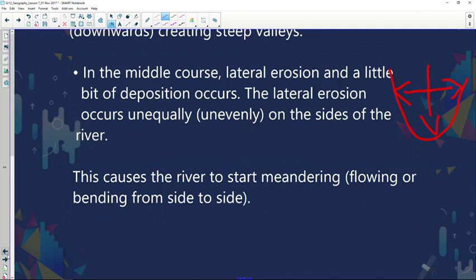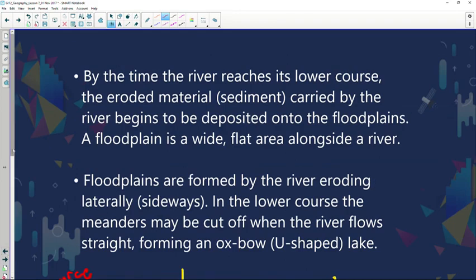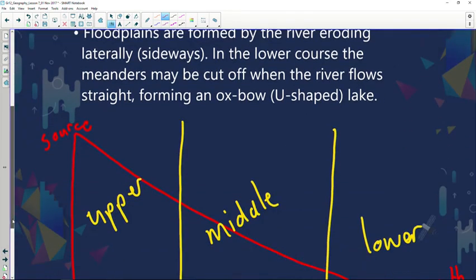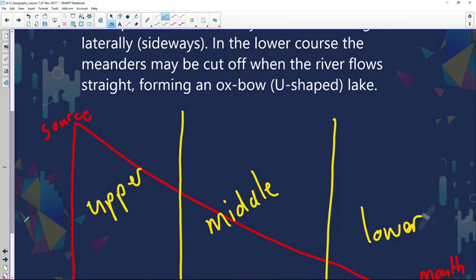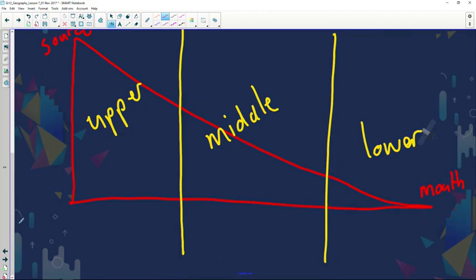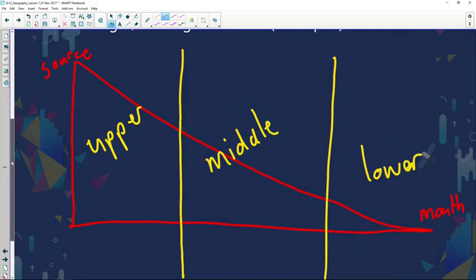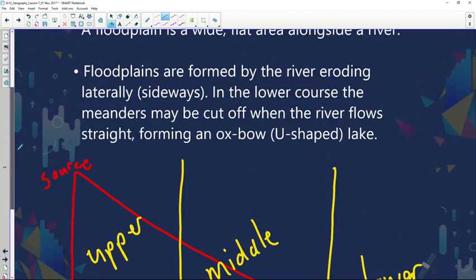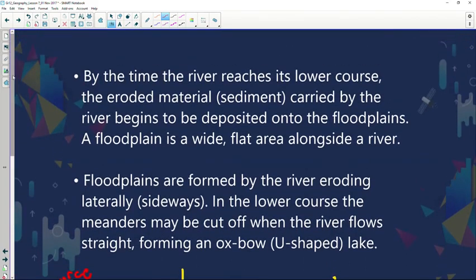Now, the lower course is this area situated over there. Keep in mind, the gradient, as you can see, is not as steep as in the upper and the middle course. The volume of water has increased tremendously because lots of tributaries have joined this river. But because of the flat gradient, all that eroded material gets deposited in the lower course.